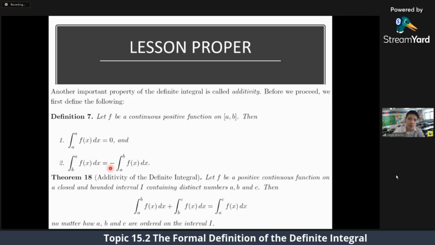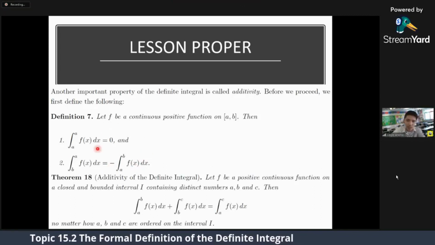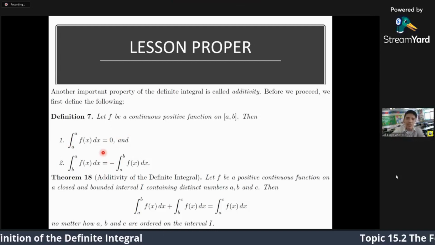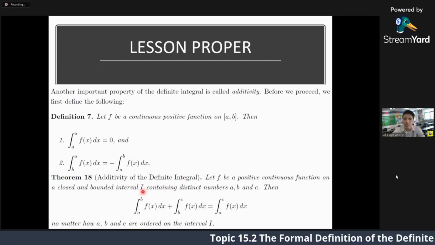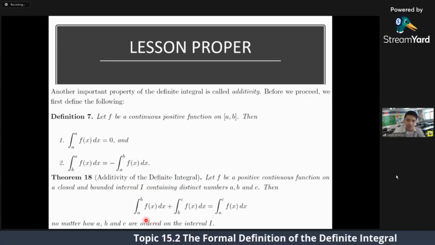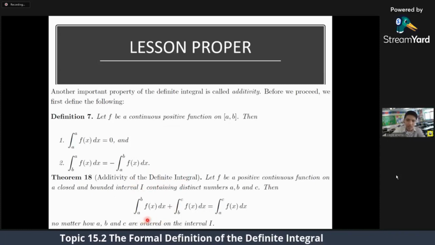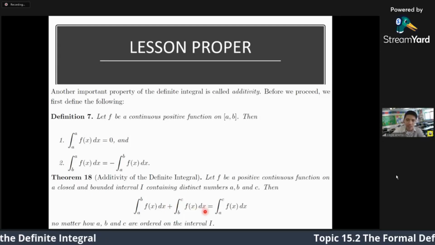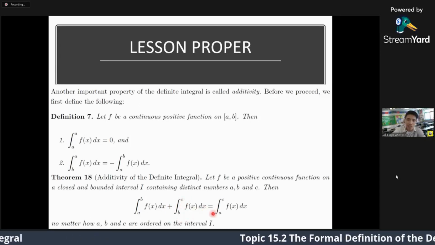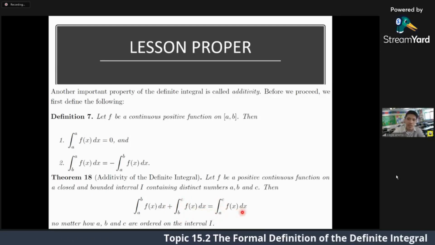Oh, by the way, before that, we will use this one. I-consider po ni nga mga definition in applying the additivity of definite integral. Kasi pasabotan ng additivity, meaning kung naa kay integral of f of x dx from a to b plus the integral of f of x dx from b to c, it is just equivalent to integral of f of x dx from a to c.